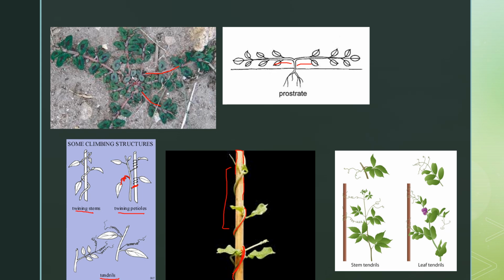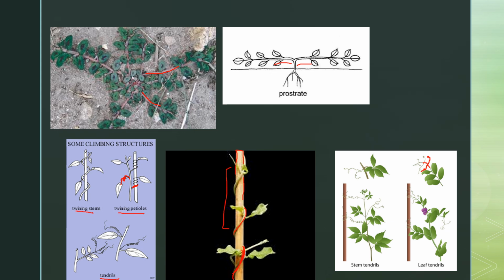This one is leaf tendrils. Under normal conditions, this should be a leaf, but it gets modified to help the plant climb up, so it is modified to tendrils.